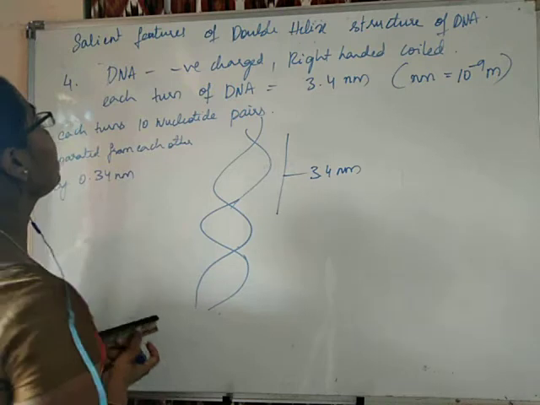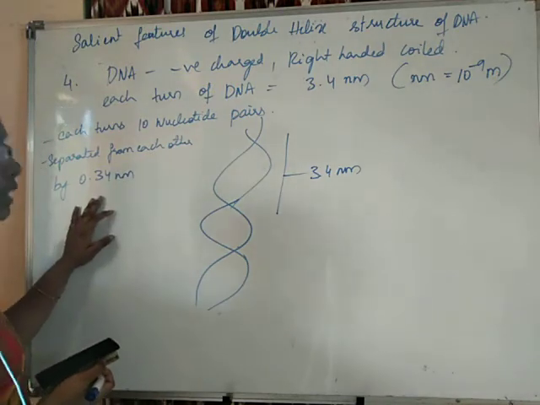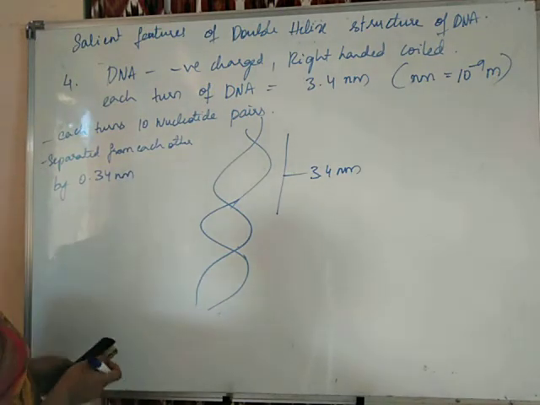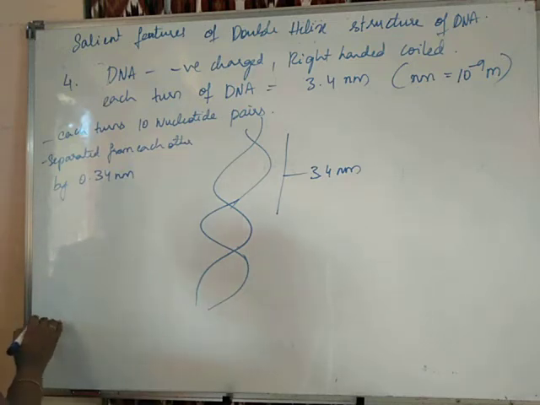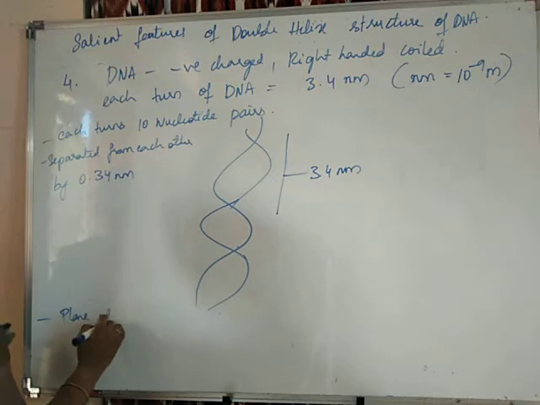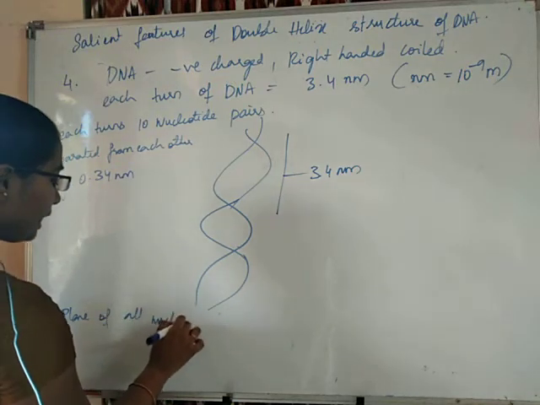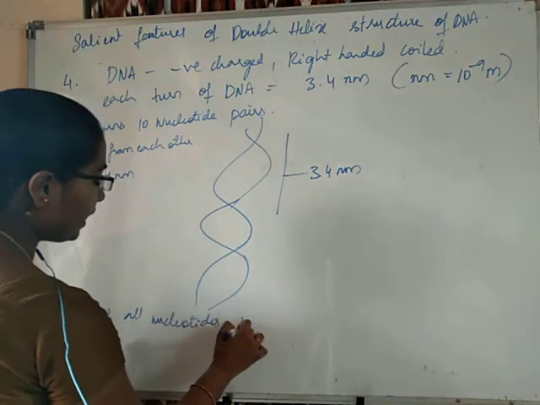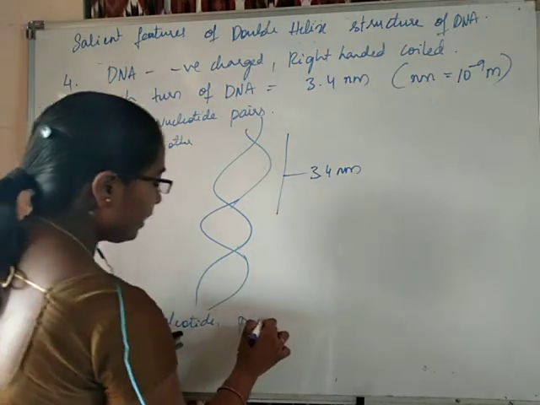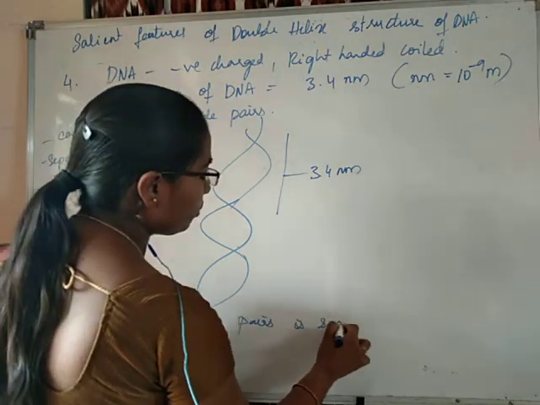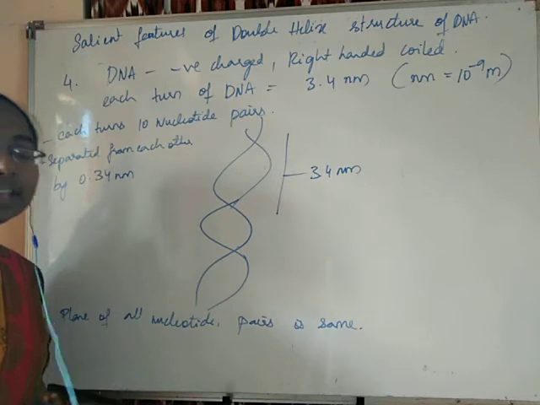So, this is one more feature of the double helical structure of DNA. And the other thing is that the plane of all nucleotide pairs is the same. All the nucleotide pairs are lying on the same plane.